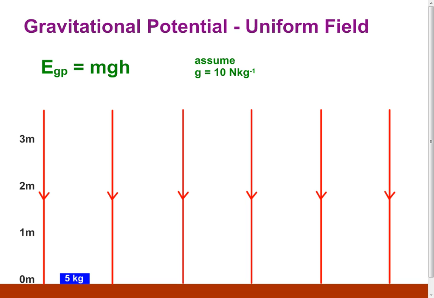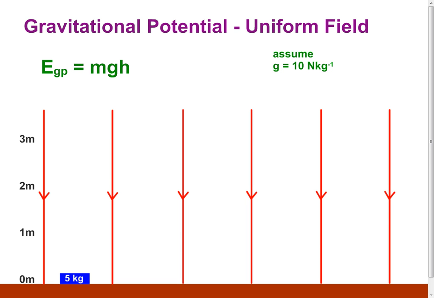So we'll take a uniform gravitational field, like the field in this classroom can be approximated to. We'll assume that g is 10. The gravitational field strength is 10 newtons per kilogram.